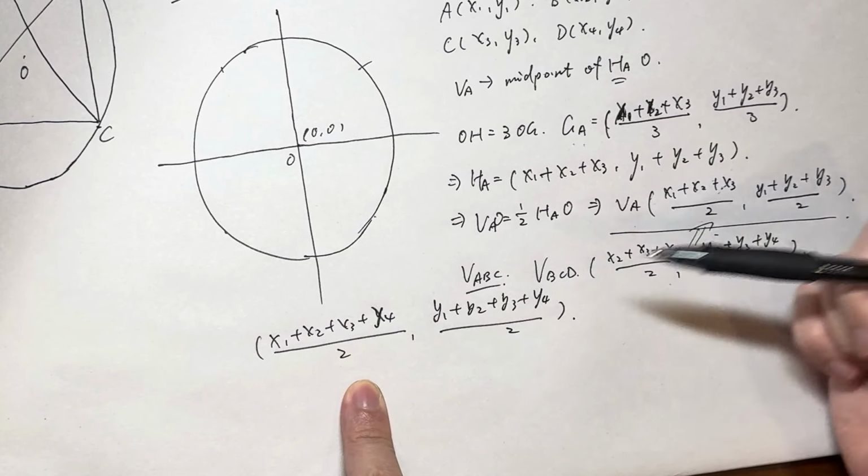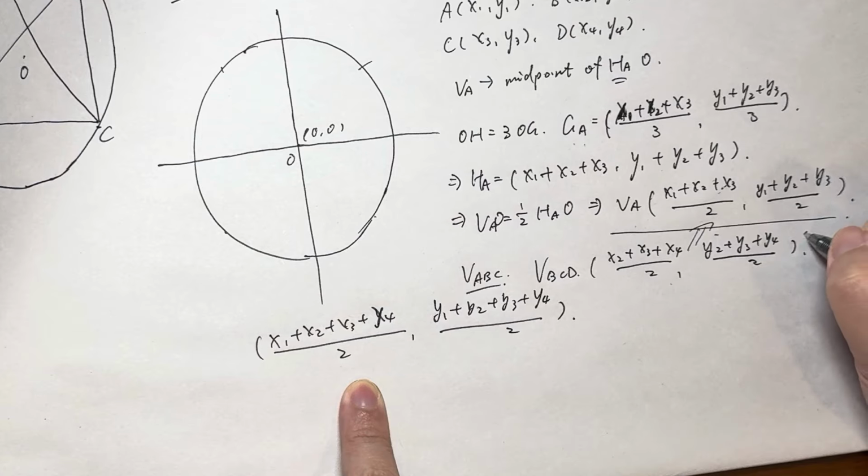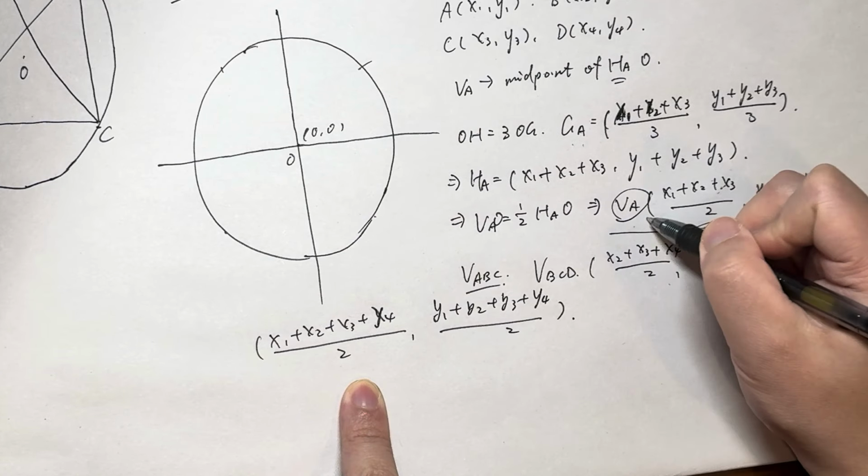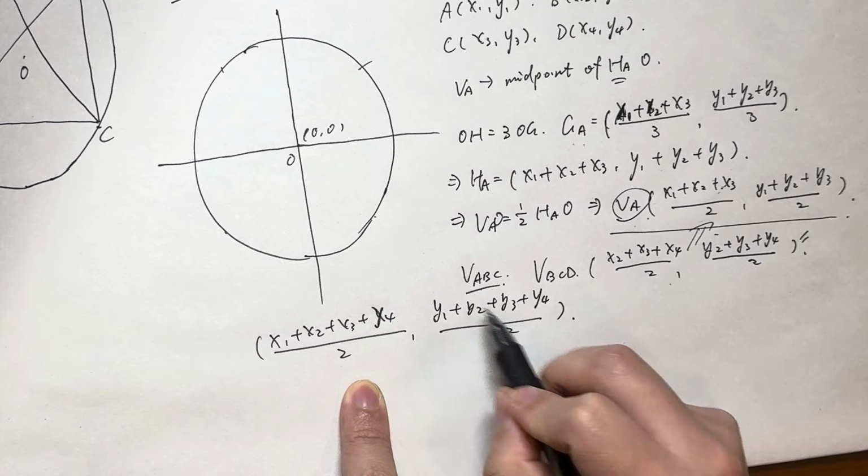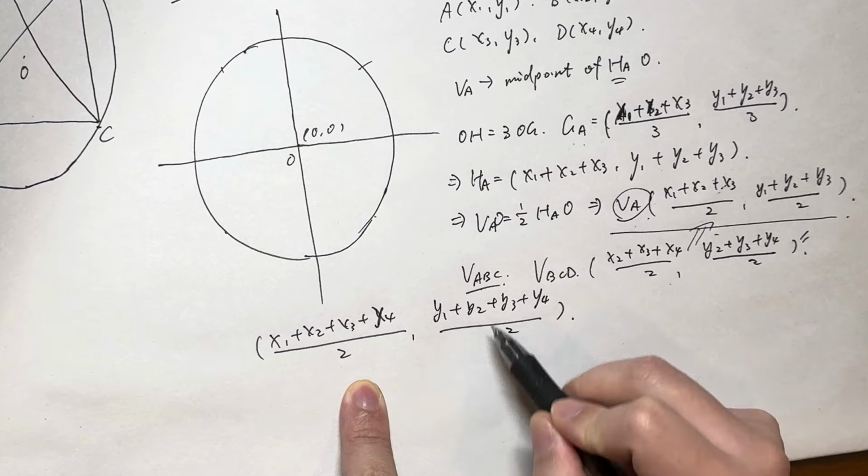Then we can calculate the distance from VABC to this point and from VBCD to this point.